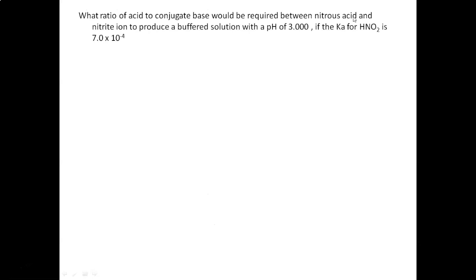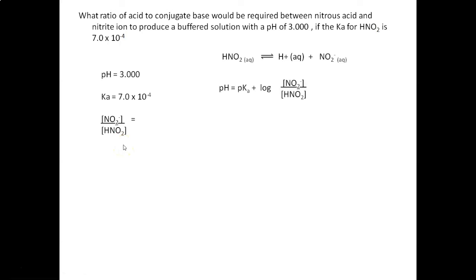How about if we're asked, what's the ratio of the concentration of my conjugate base to weak acid so that I can have a pH at a specific amount? I can write my ionization equation, just so I know. I can write down the rest of my givens. I know my pH and I know my Ka, but I don't know the concentration of my two entities.